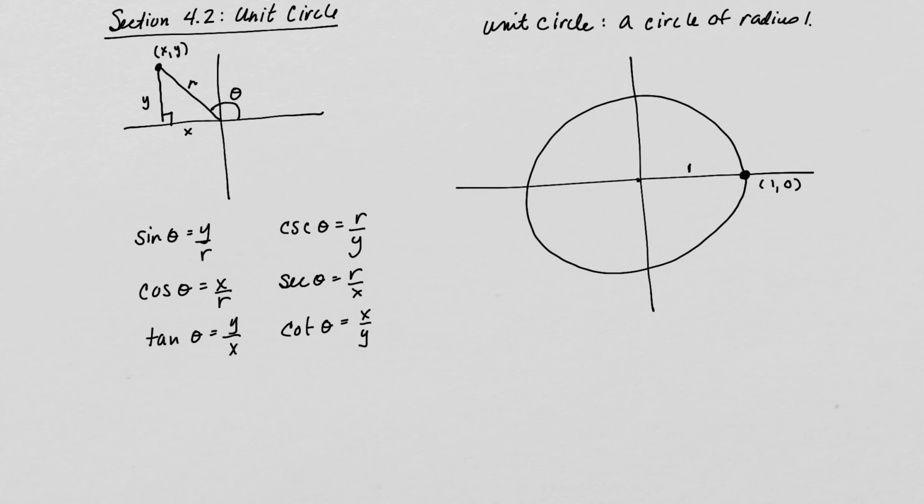What would this point up here be? 0, 1. What about this point over here? -1, 0, yep. And what about this point down here?